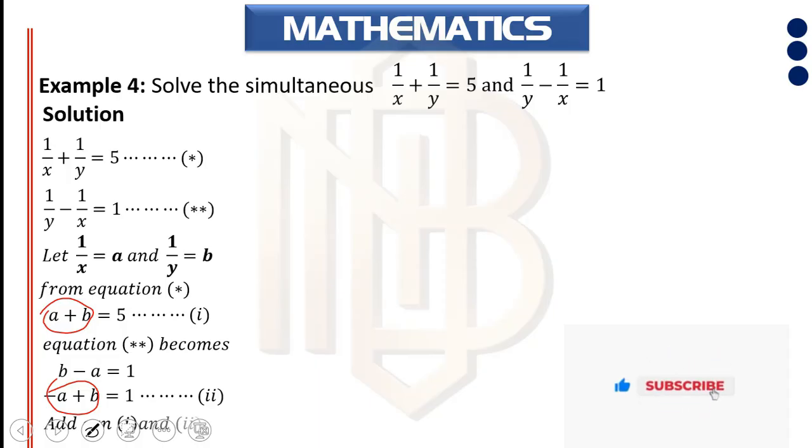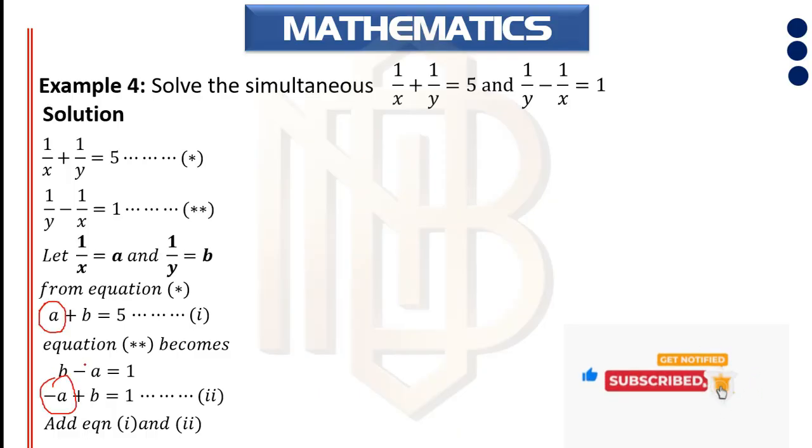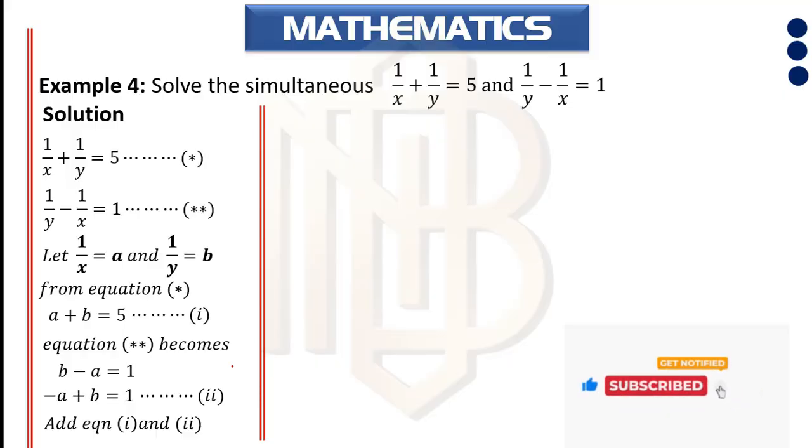evaluation. Okay, so now from what you have there, if you look at it very well, you discover that if we want to eliminate a from here, you can see they have different signs. This is plus and this is minus, so you can easily eliminate a by adding equation 1 to equation 2, which if we do, we have that.